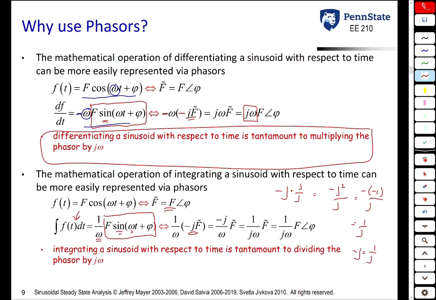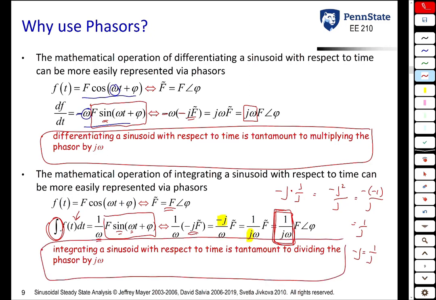Minus j is the same as 1 over j. So this minus j in the numerator, we can write as a positive j in the denominator, and we end up with this second important property, and that is that integration in the time domain is the same as dividing by j omega in the frequency domain.